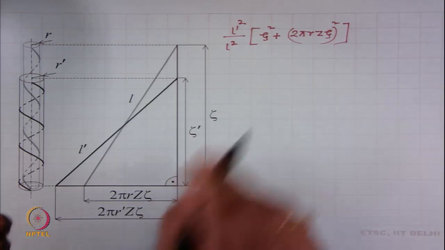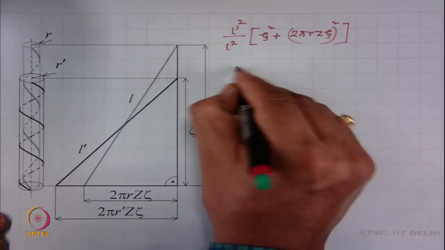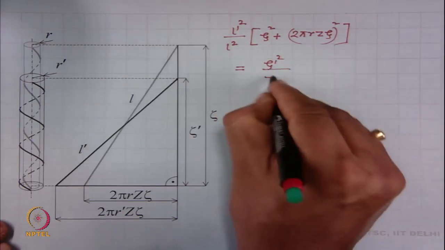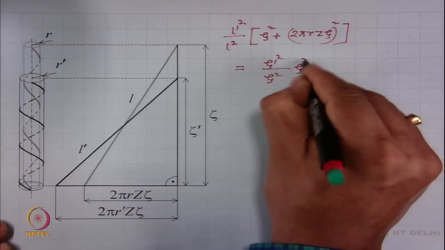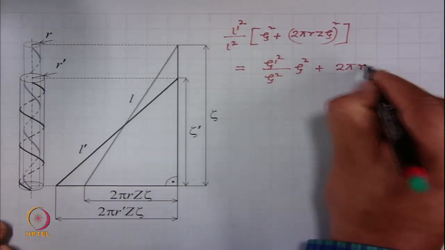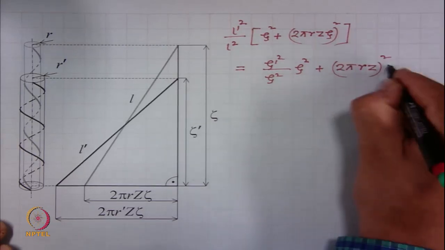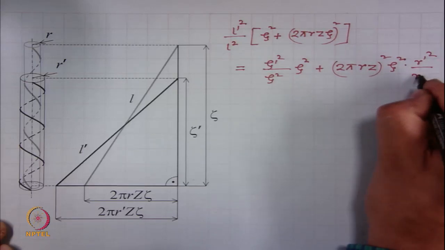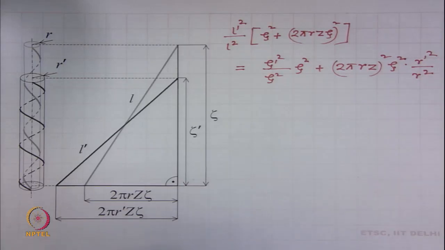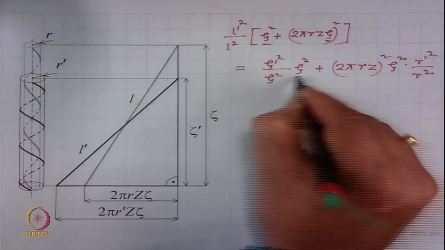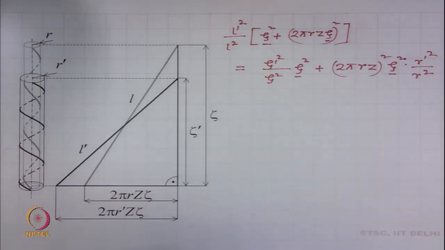This is equal to zeta square plus 2 pi r z square zeta square r y square by r square. Now, in all these quantities this is common, so it can be removed.